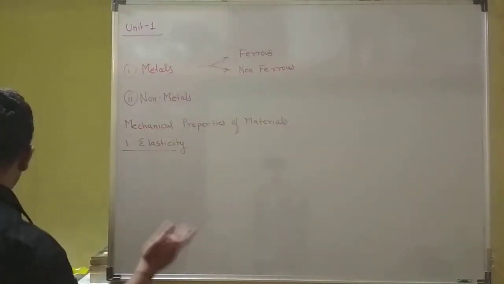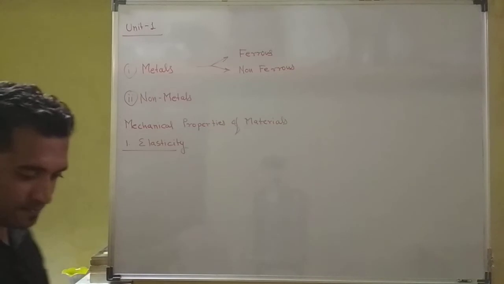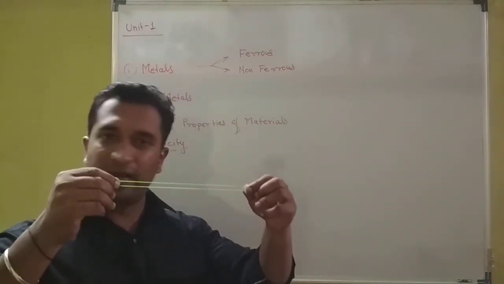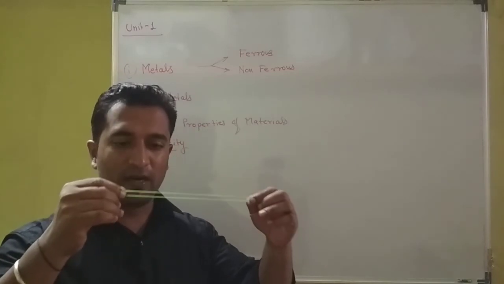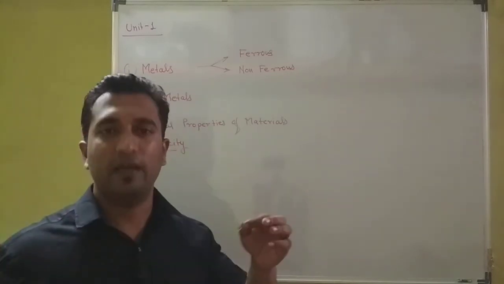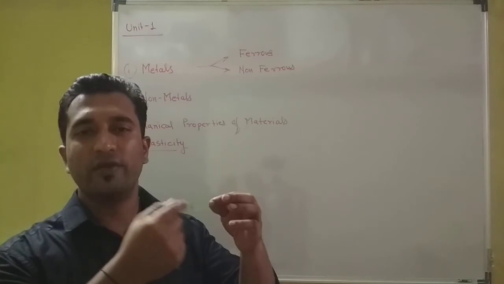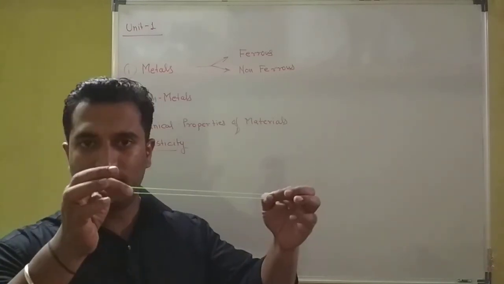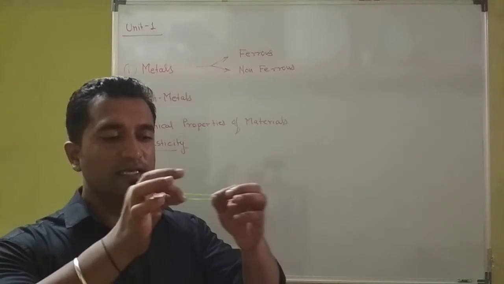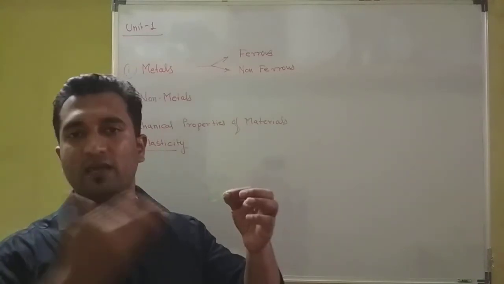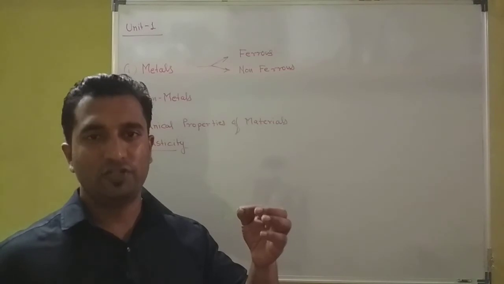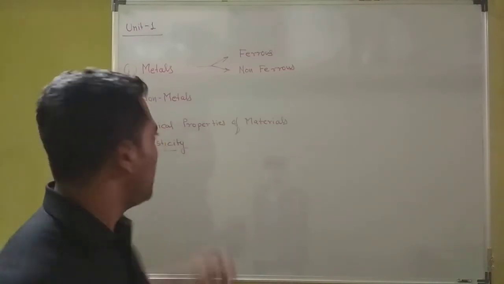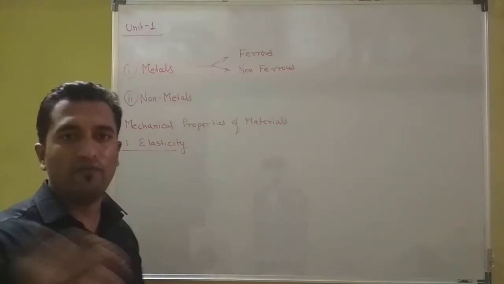To explain this, I'll take one rubber band, and if I apply a load on this, it will get stretched, it will get deformed. But if I release the load, what will happen? It will come to its original shape, isn't it? See, if I apply a load, it is getting stretched. If I release the load, it is coming back to its original shape. Now this property we can call as elasticity of material.